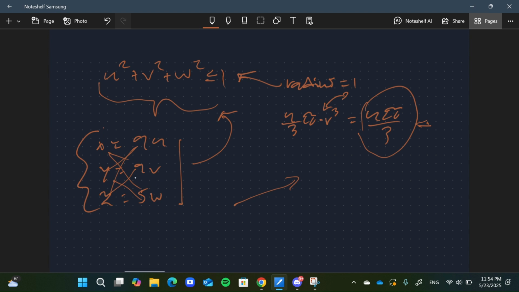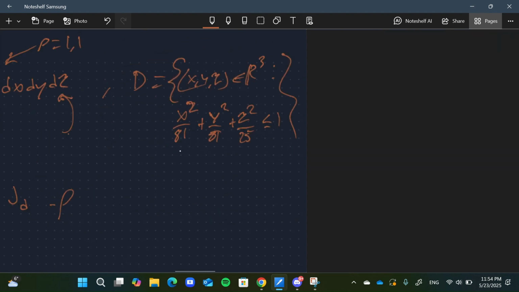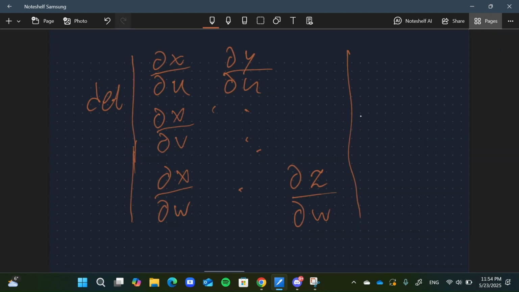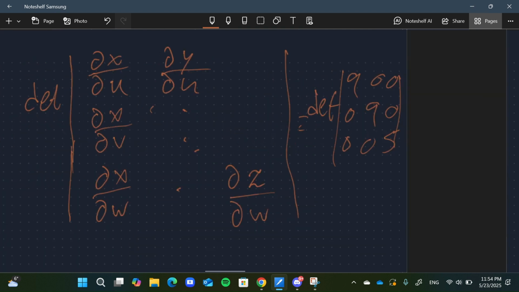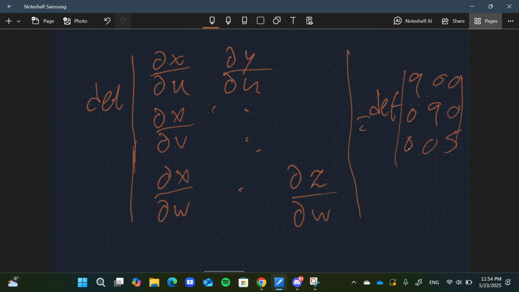So you don't really need to. You will pretty quickly see that the determinant will simply be of the matrix 9, 9, 5, and then just zeros like so. Since we have zeros here, the rest will just be zero.